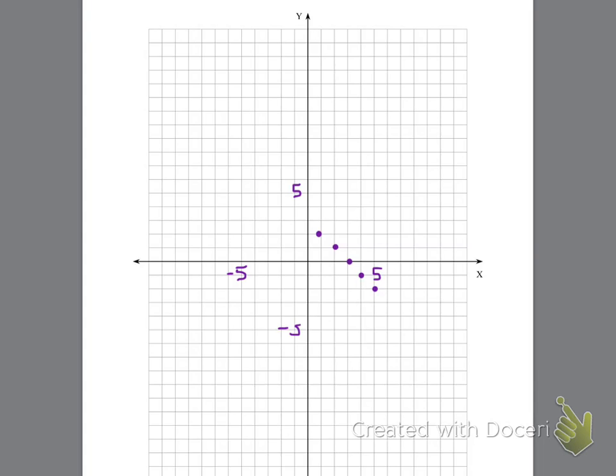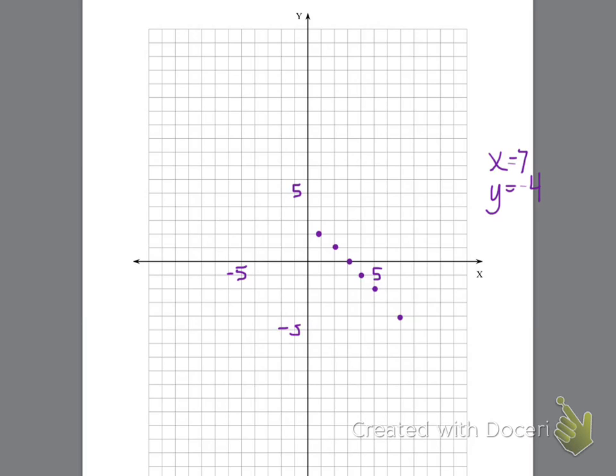Let's think of another one that might have gone on this graph. Let's see what will fit. If x is 7, then y would be negative 4, right? So let's find that point: 6, 7, then 1, 2, 3, negative 4.